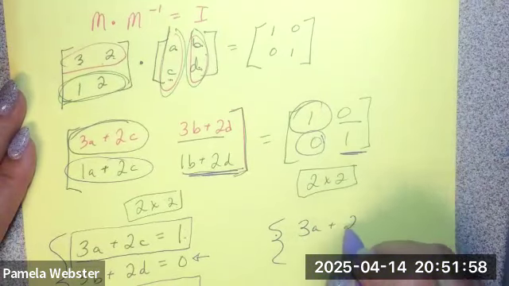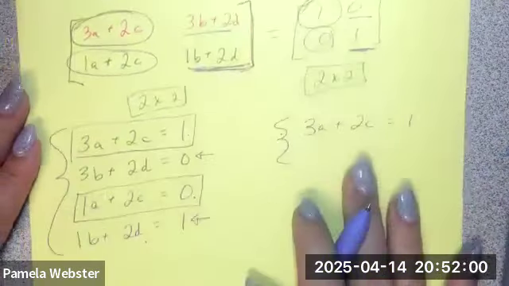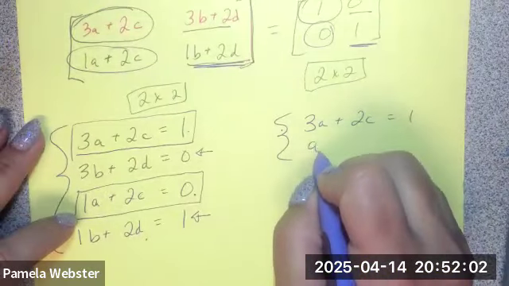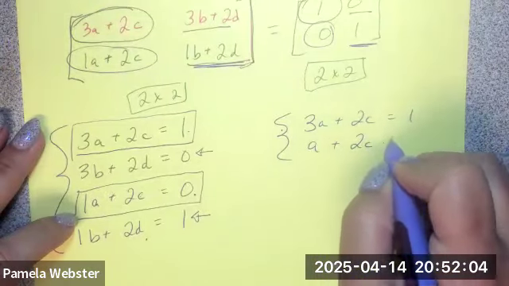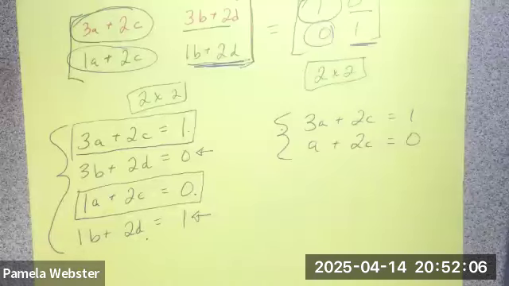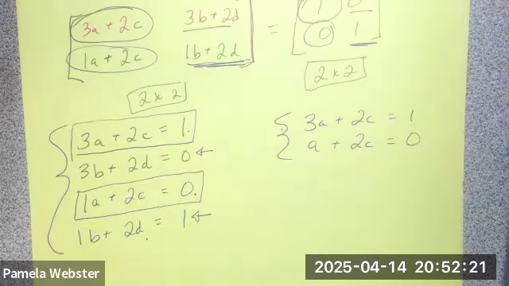I've got 3A plus 2C equals 1, and I've got an A plus 2C equals 0. Okay. And I think that I can, so interesting, in my notes the variables are completely wrong, basically.